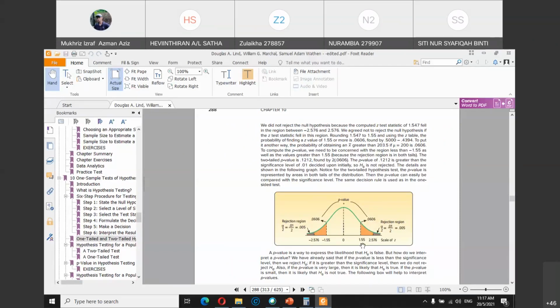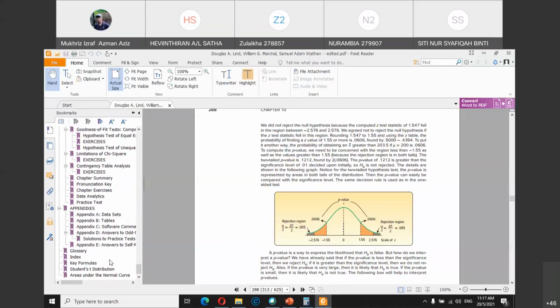If you look at 1.55 in the Z table, the value of Z is 1.55 as the question mentions.